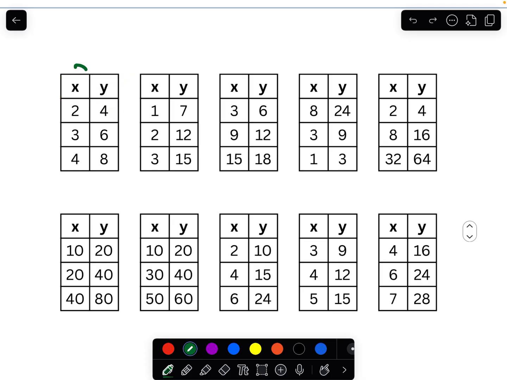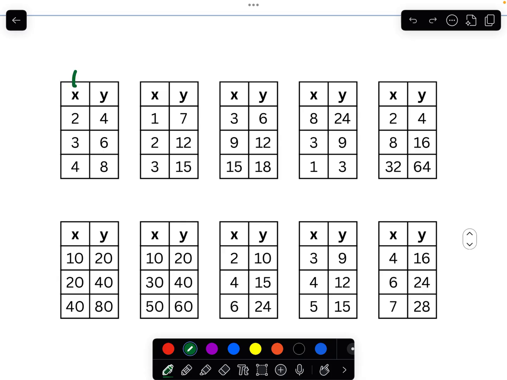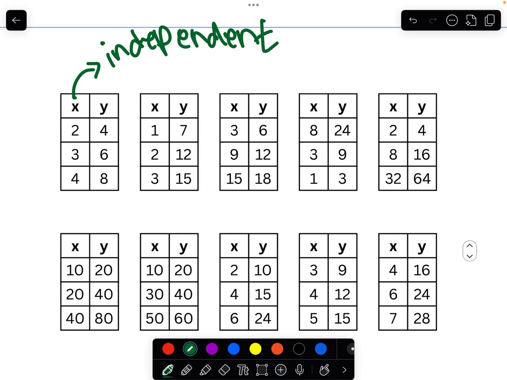We're not going to get too deep into it right now, but as you learn more in math, you're going to learn that X is the independent variable. And Y is what we call a dependent variable.